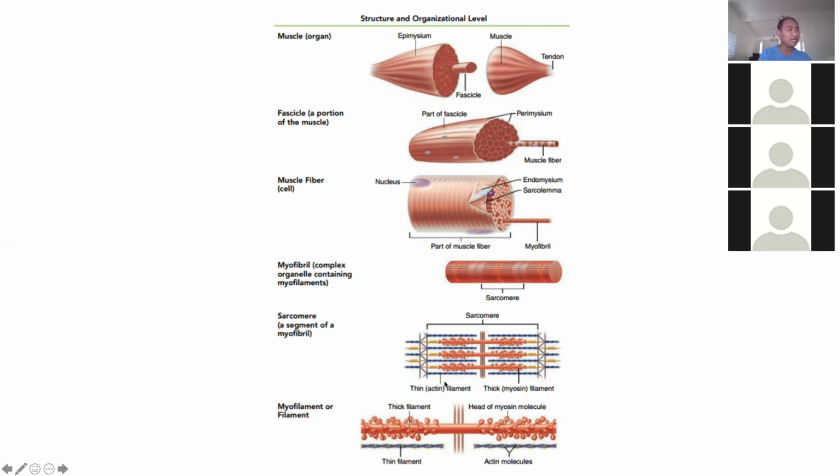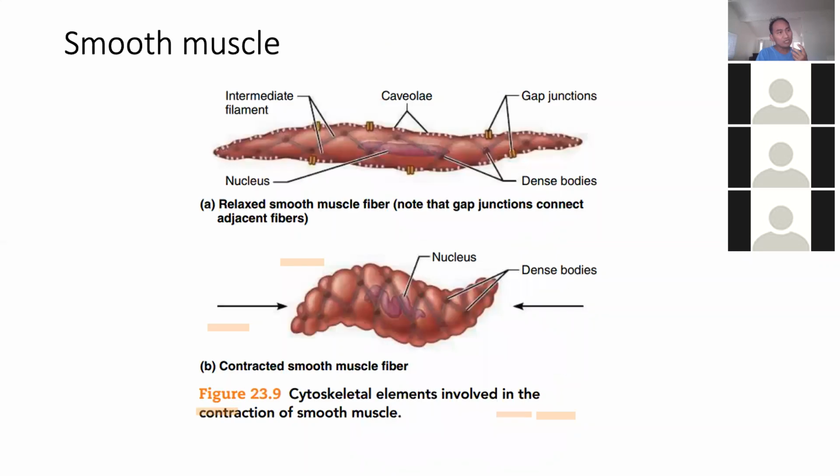To some extent it looks very different, but the components are slightly similar, because we need actin and myosin to contract on each other. That's why we still need this. These actins and myosins are called myofilaments, and these myofilaments are present in the smooth muscle.